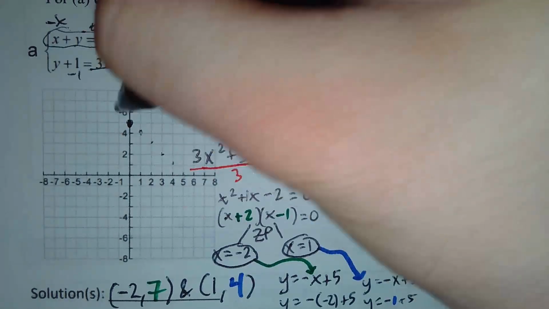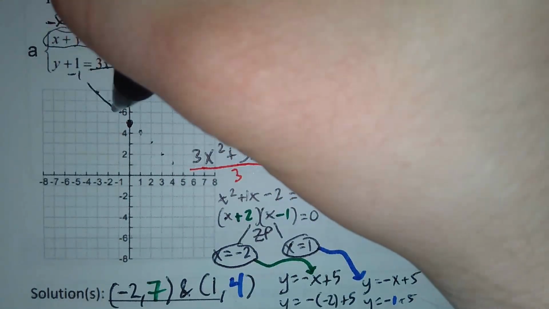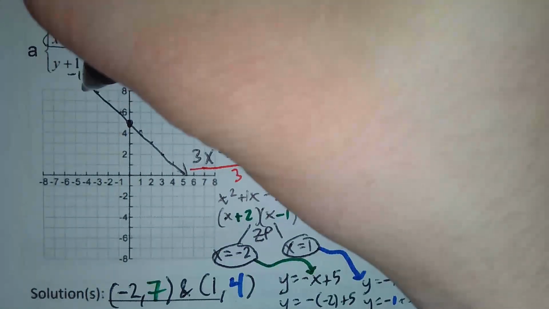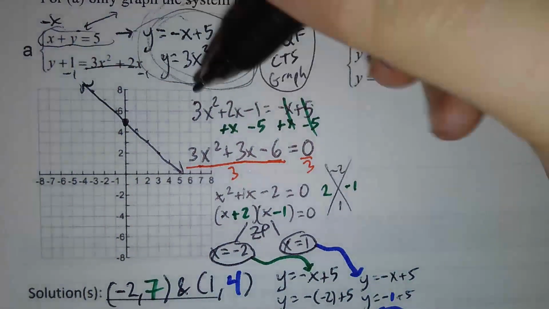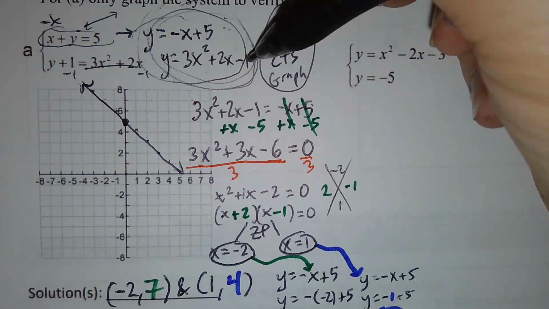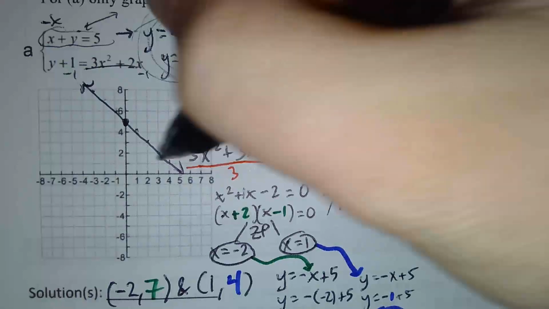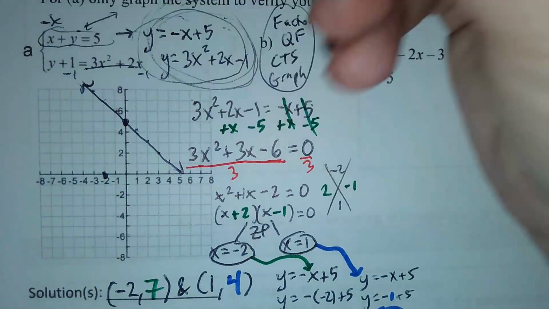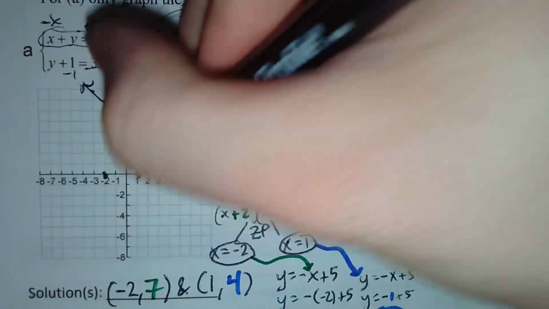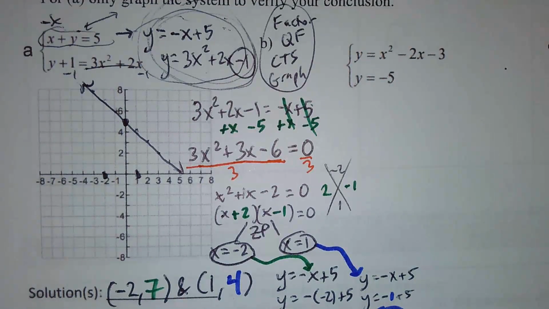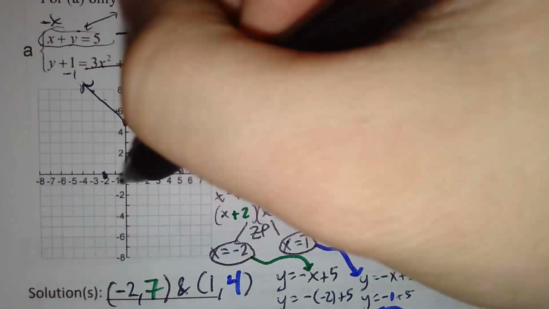Something like that. And our equation is going to be 3x squared plus 2x minus 1. I know those are x-intercepts of -2 and +1. The y-intercept is -1.